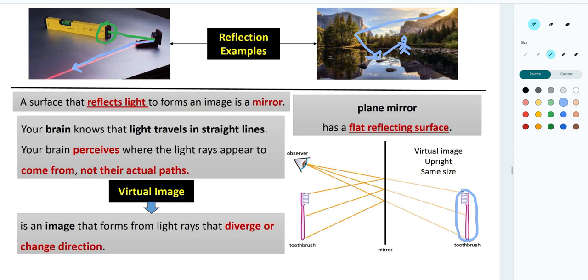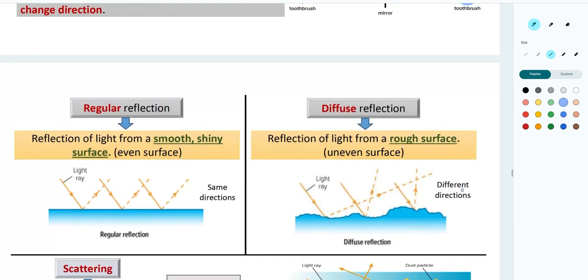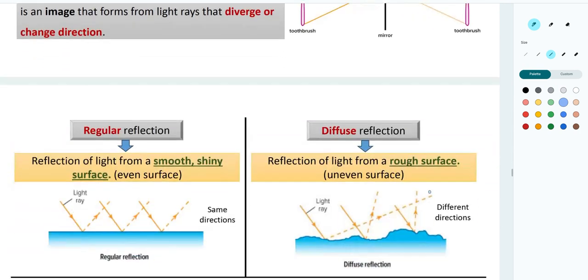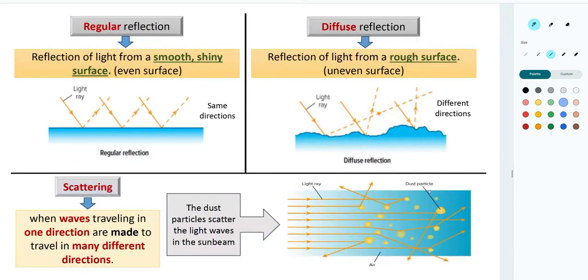It is a virtual image, so it is not a real image. Hopefully this makes sense. I went over it several times in class. So a virtual image is an image that appears inside or behind the mirror, and no light is passing through it. Those are the two things that we should make sure we understand.